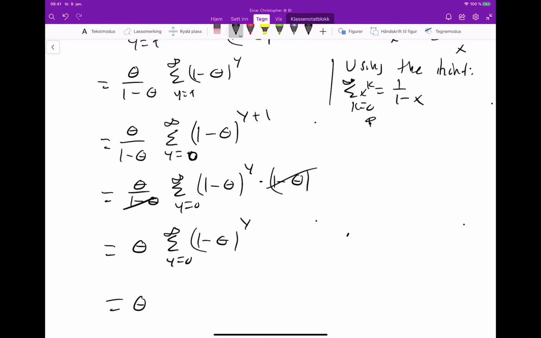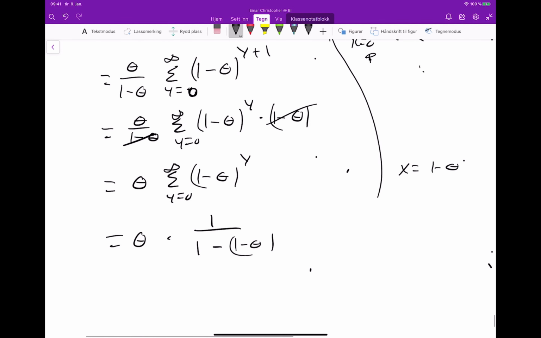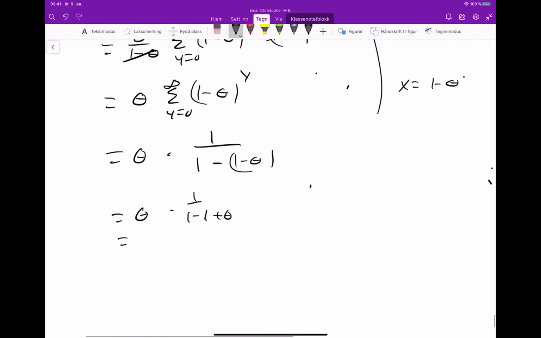This sum is actually nothing else but 1 divided by 1 minus x, but x is 1 minus theta. So then we get theta times 1 divided by 1 minus 1 plus theta, which is theta divided by theta, which is equal to 1, which was what we had to show.